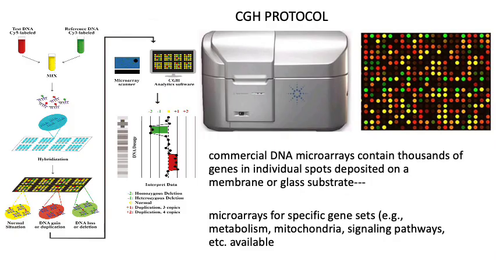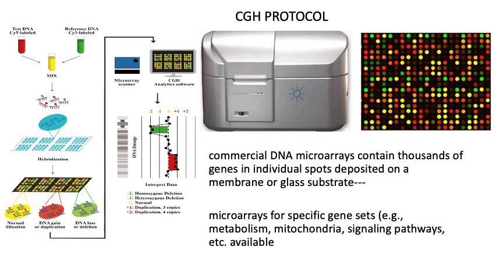And to give an example of this, shown here is a portion of an array that you would see shown on the upper right-hand side. And these are commercial DNA microarrays that contain thousands of genes in individual spots deposited on a membrane or a glass substrate and then put into a machine after you've added your sample that you prepared from an extraction of the DNA or a whole cell.